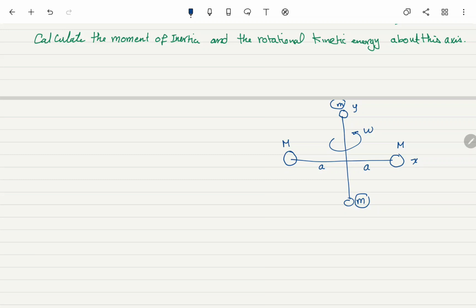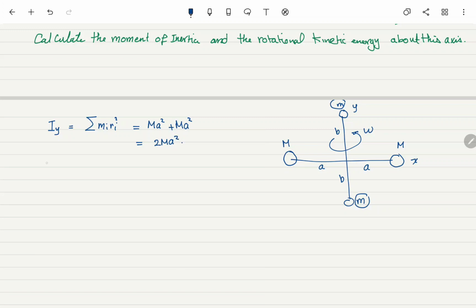Now here's the situation. The distance from the origin to each capital M is equal to a, and the distance from the origin to each small m is equal to b. If the system rotates about the y-axis, I_y is equal to the summation of m_i r_i squared, which is M a squared plus M a squared, equal to 2M a squared.